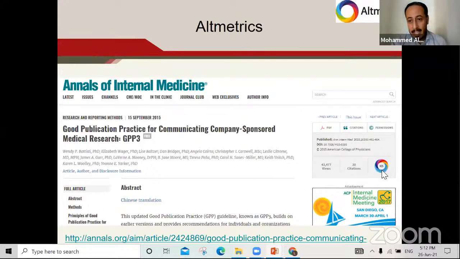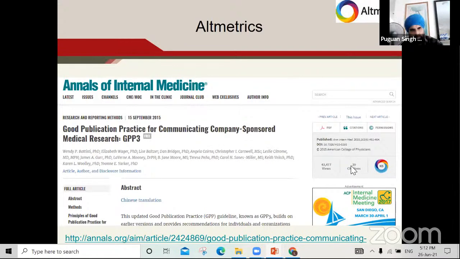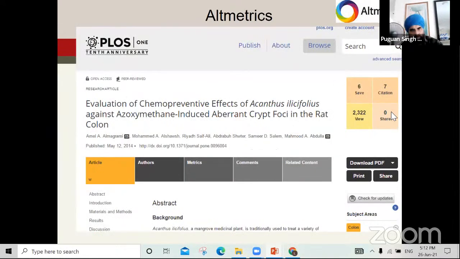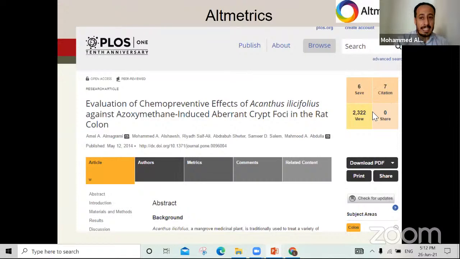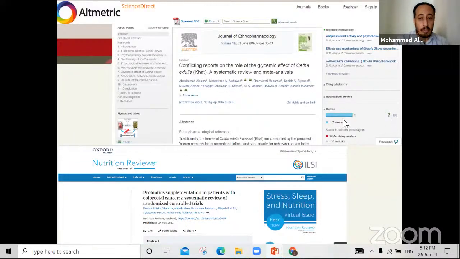The altmetrics is 105, which means it's saved or viewed or shared on Twitter or LinkedIn 100 times, but the number of citations is 20. So the impact factor reflects the citation. Other journals like PLOS ONE show the altmetrics: how many citations, how many saves, how many views. It's another tool. Those are a few of our articles, you can see here how many tweeted, how many cited in other places.